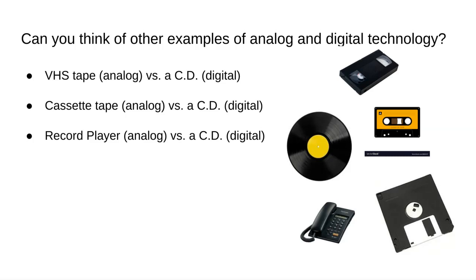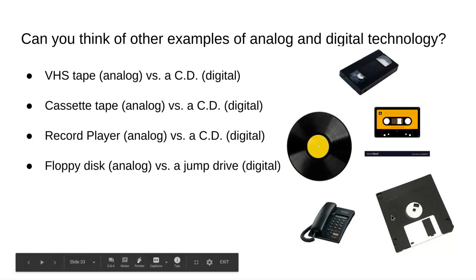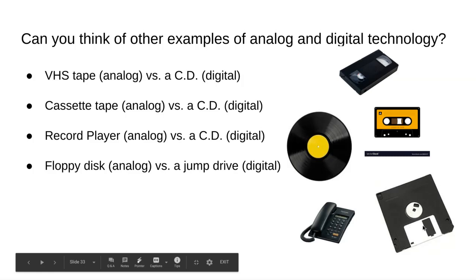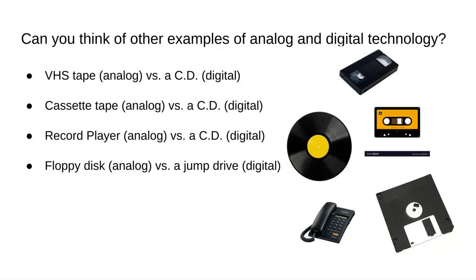A floppy disk. I did have to use a floppy disk to save all my work. So while your work saves automatically now and uploads to the cloud in your Google Drive, we actually had to insert these little devices into our computer to save our papers and any work that we did on the computer.